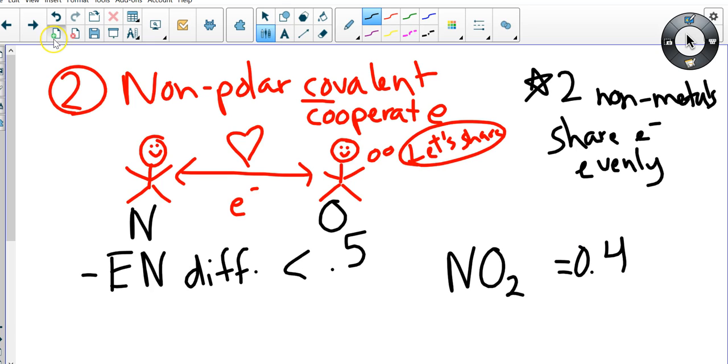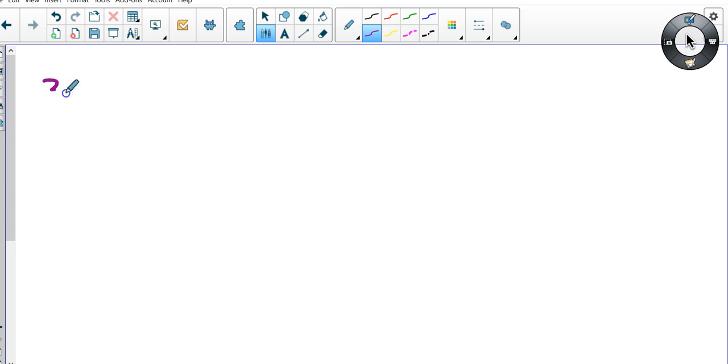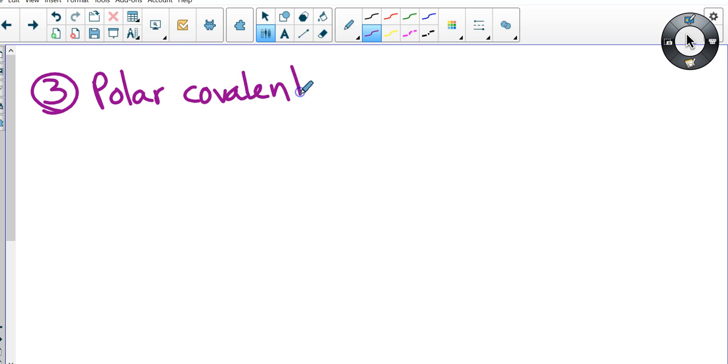All right, so last kind. Polar covalent. So this is where boys play tug of war, and then we had more boys, so we pulled a little bit harder, but I didn't let them steal the electrons, but they were still over to one side a little bit more.